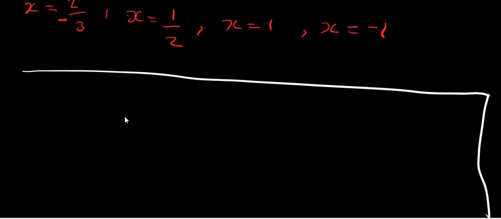So the first part will be the smallest among these. Which one is the smallest? You find that the smallest is -1. So -1 will be there. I'm going to put my -1 there. Sorry, my line is bad.